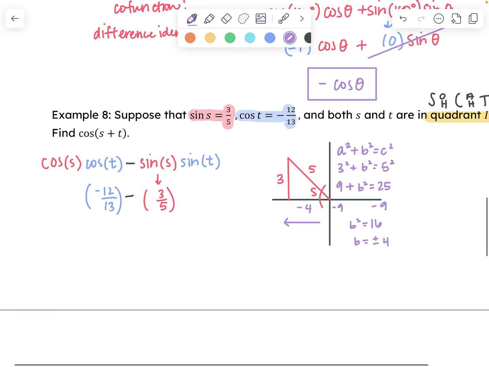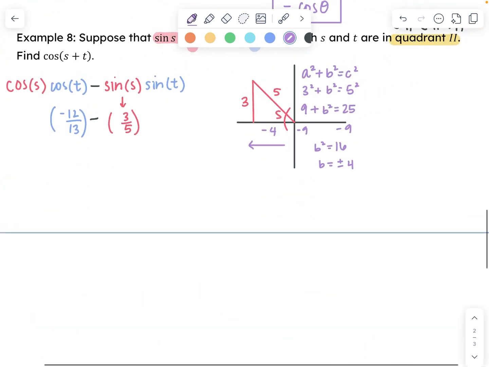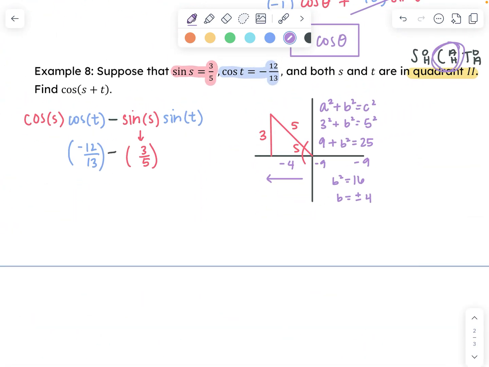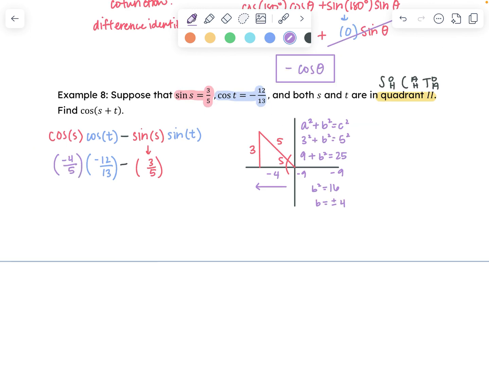Now over here, I need to find the cosine of s. So now I'm going to use CAH from SOHCAHTOA to help me find that. My adjacent over my hypotenuse would be -4/5. And I'm going to do a similar thing, make a triangle for t, and find that value.